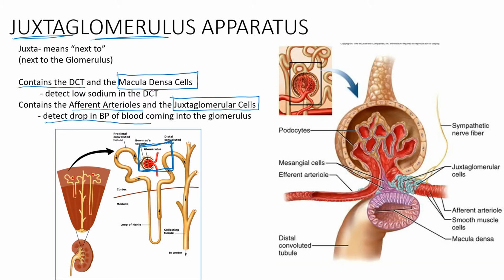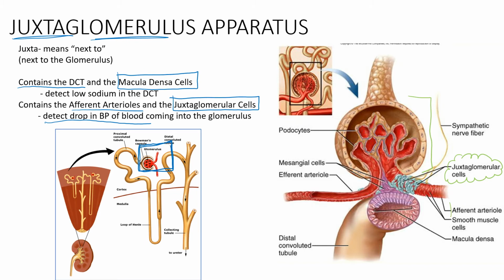So taking a close-up look of this whole setup, you've got your glomerulus here. This whole thing is the glomerulus. You have your juxtaglomerular cells, they're wrapped around in blue right here.